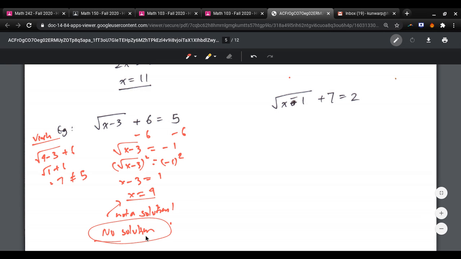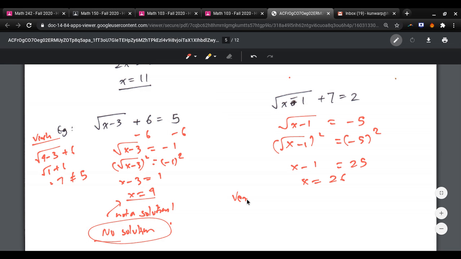Okay, so this is where verification becomes important, because when we square or take roots, there is a possibility of an ambiguity occurring. Minus 5 squared, I get the square equals negative 5 squared, which is 25. I get x equals 26.